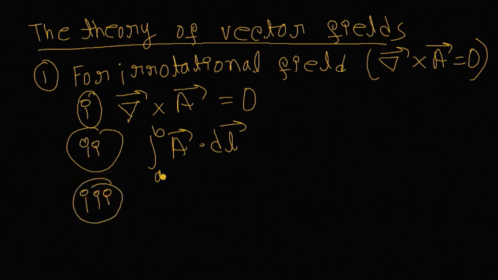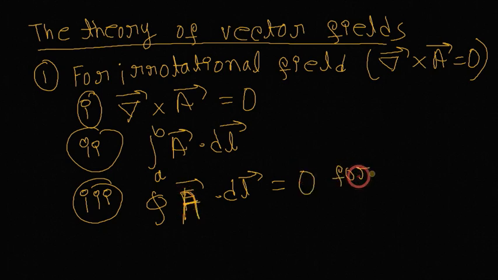Number 3 is that the closed integration of A dot dl is 0 for any closed loop.